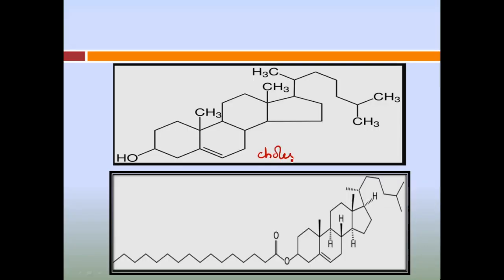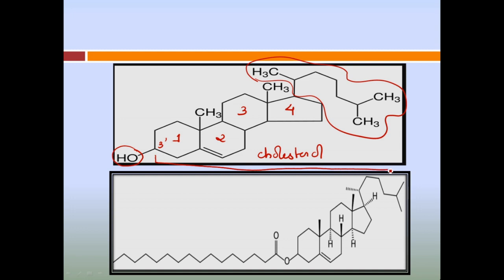This is the diagram of cholesterol. You can see there are 4 ring structures, 1, 2, 3, 4. This is called steroid nucleus, and this side chain is a hydrocarbon side chain, and at this 3rd carbon we have an OH group, the cholesterol.